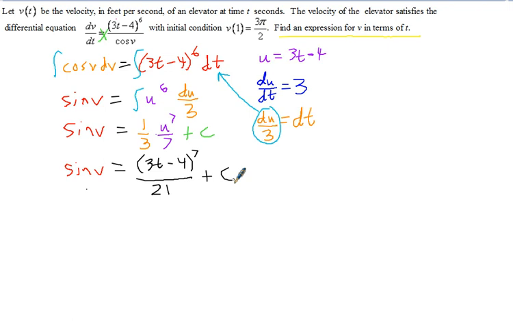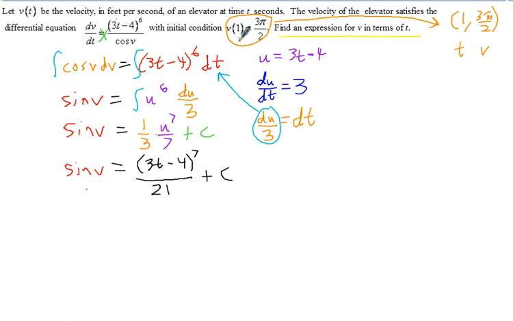So now we need to find c, and notice they give us a point on the velocity right here. In this case, though, instead of x and y, notice it's v of t. So the 1 must be the t. We have the point (1, 3 pi over 2). So 1 is our t, and 3 pi over 2, that's our v.